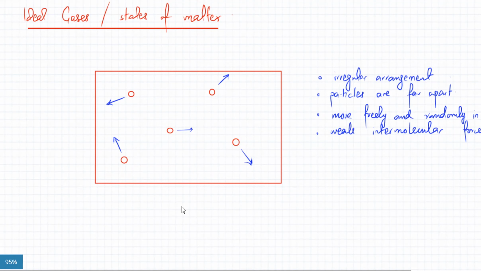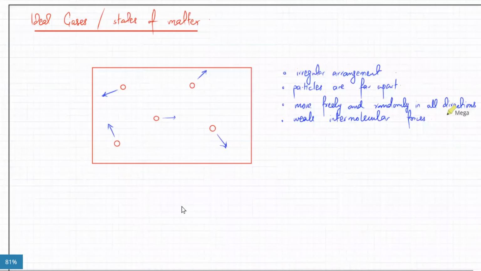So an ideal gas is just a model of a gas. There are two main assumptions that you make, and remember, in your exams they'll frequently be asking about these two assumptions.